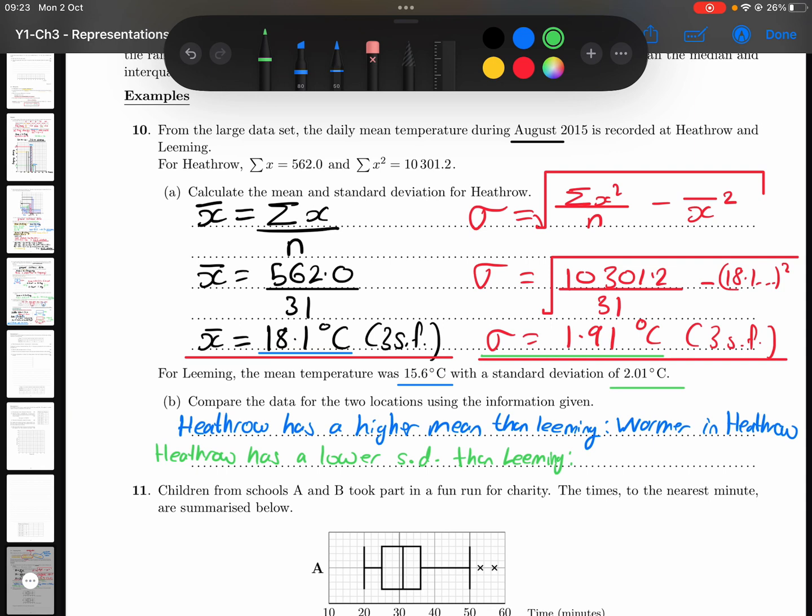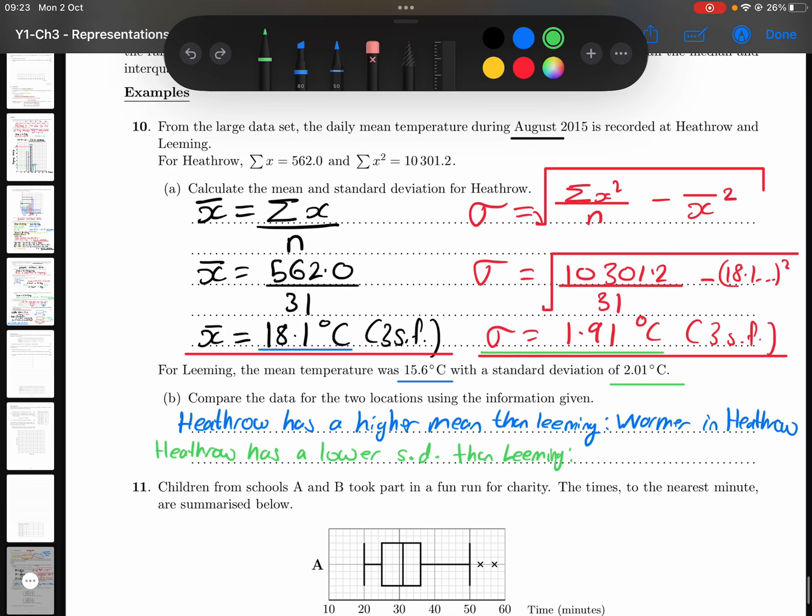Standard deviation is a measure of how spread out the data is. Because Heathrow has a lower standard deviation, it has more consistent temperatures in Heathrow.